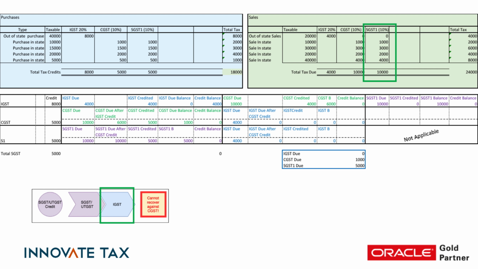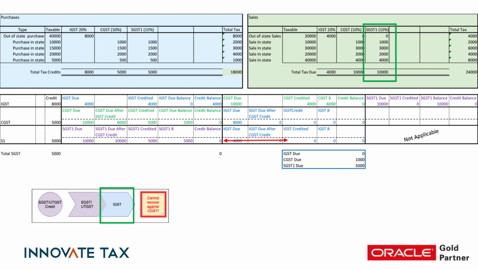So once we've applied the SGST, which we have done, we've applied all the credits. So when it actually comes to applying the IGST, we can still see that there's still a balance of IGST. The amount due was still 4,000. In the column to the right, you can see the amount due, which is 0. And then we take the credit balance from the SGST, which is currently 0, and we move that to the column which is the IGST credited.